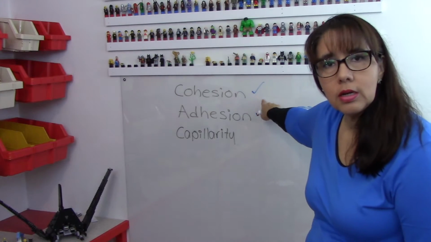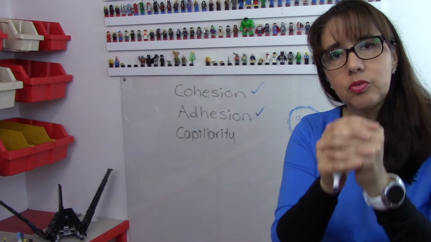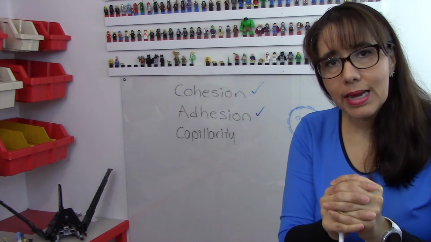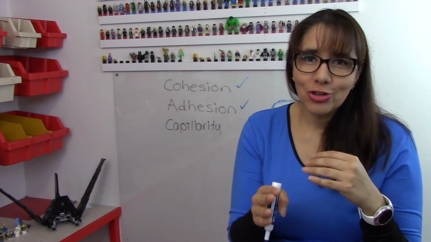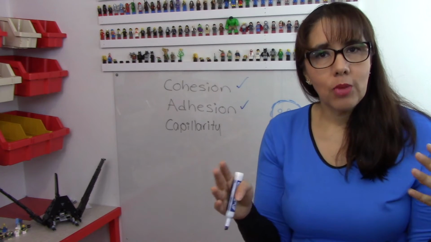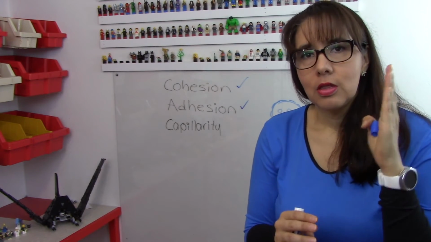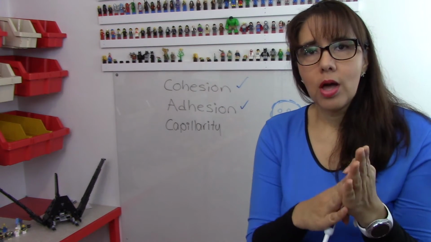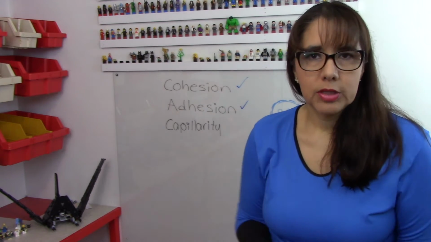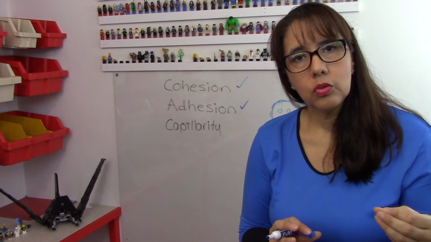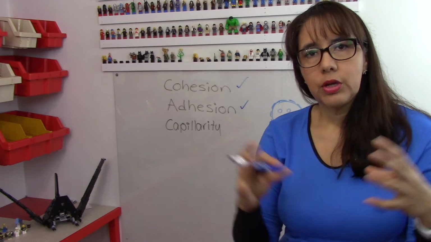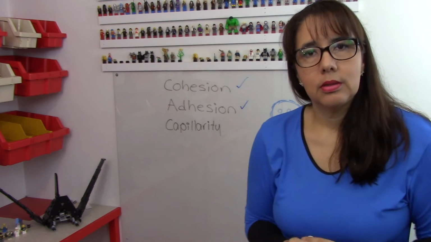So cohesion is the force that keeps molecules of the same type together. Adhesion is the force between different molecules. So you can have the interface between the glass and the water, or any other type of materials. That's the reason why glue is also called adhesive. Different types of materials are bonded together.